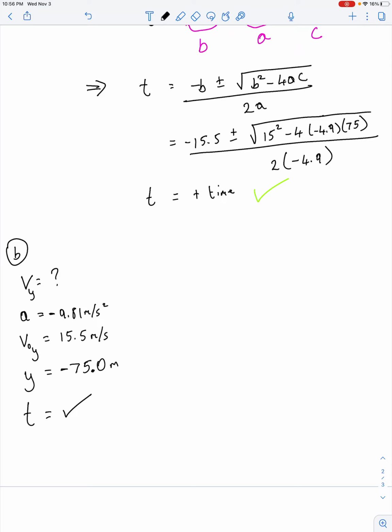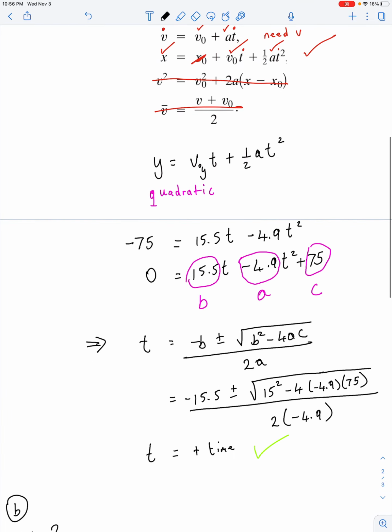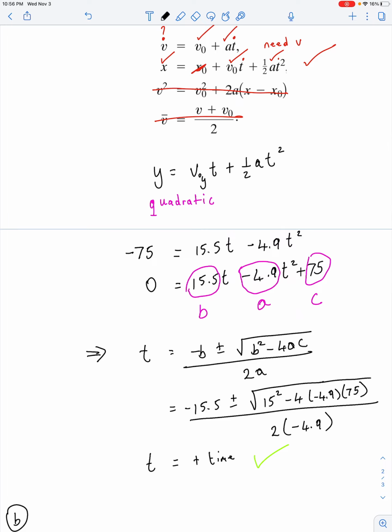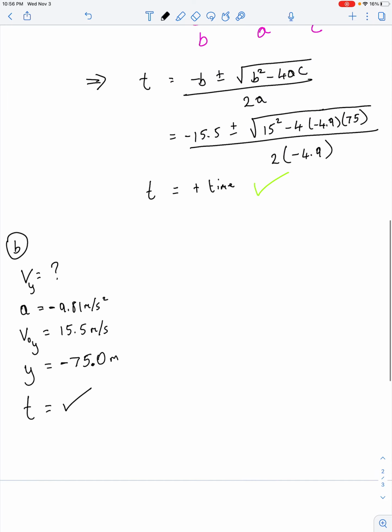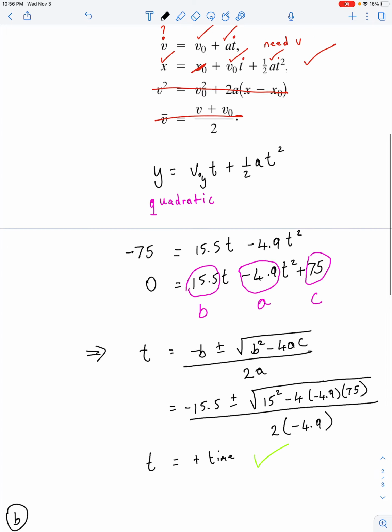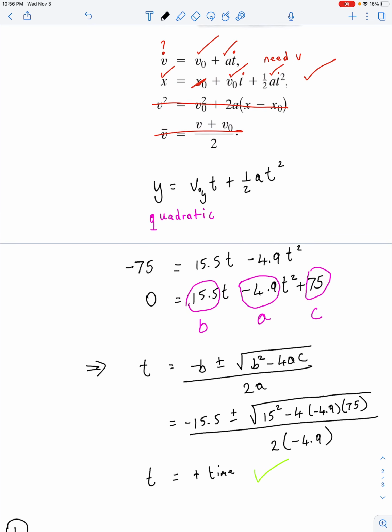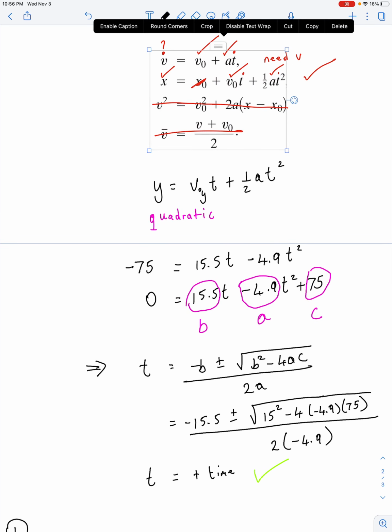So the question now is, how do I find Vy? Well, if you want to find anything, then all you have to do is use an equation. Since this is motion, and free fall is motion, I need the set of equations here.